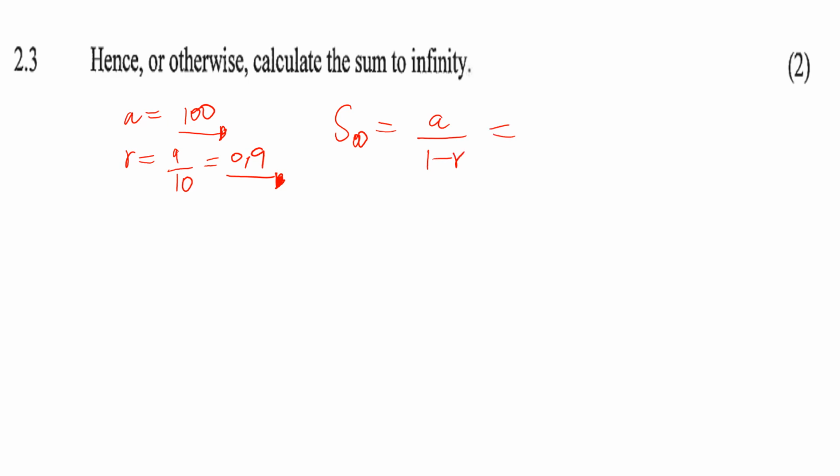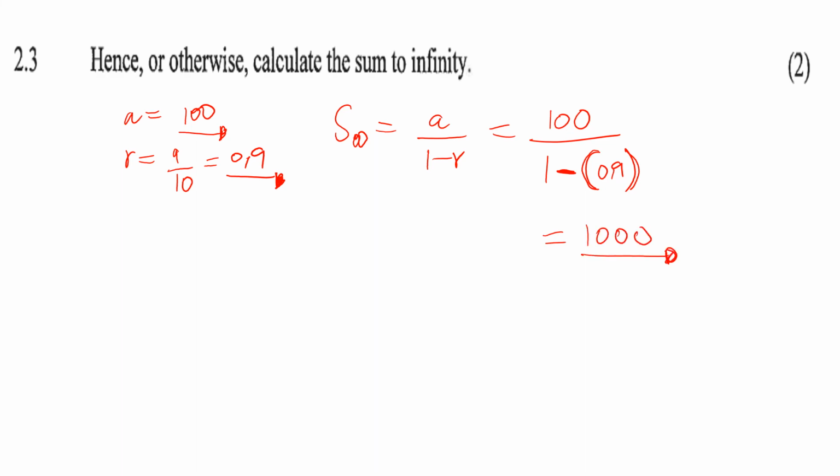Our a is 100, over 1 minus our r, which is 0.9. Always notice that after a minus, whatever answer is there, we put it in brackets to avoid making mistakes with the signs. So it's 100 over 1 minus 0.9, which is the same as 1000.